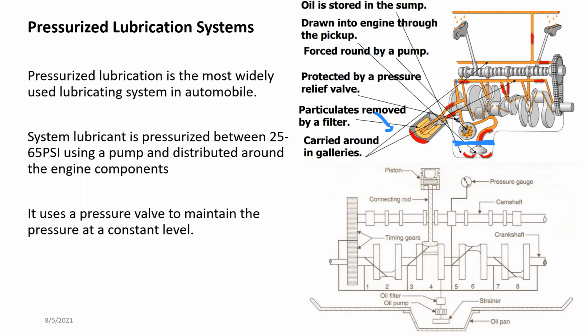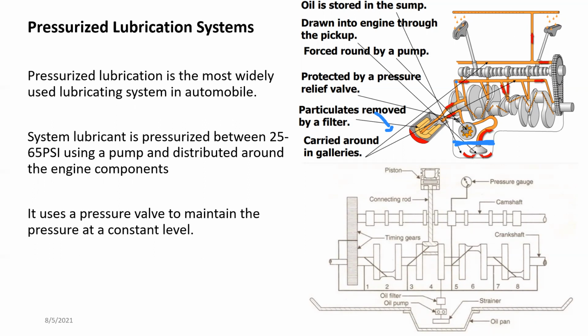Some of these lubricant lines connect and supply the lubricant to the crankshaft journals. Through the journals, the lubricant is supplied to the connecting rod, then from the connecting rod to the piston itself.